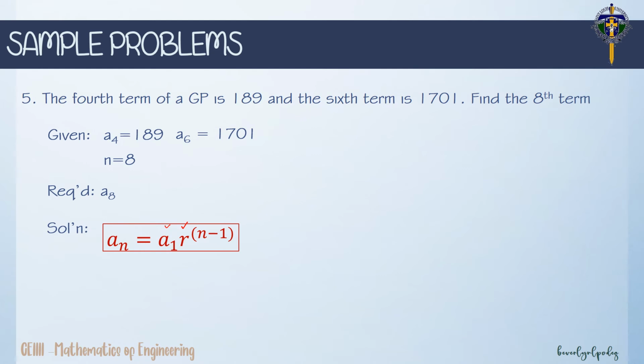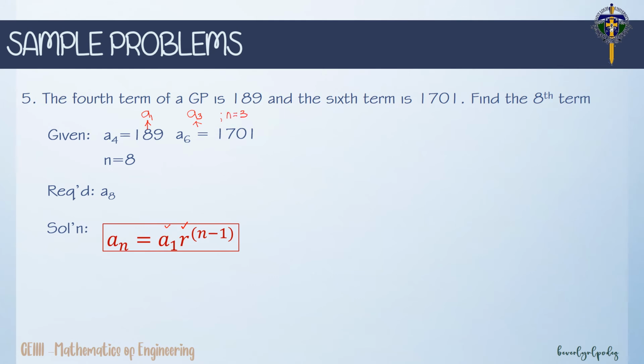So since the value of the first term is not available, we can use the available given, that is the a4 and the a6. If we temporarily treat a4 as our a1, and the sixth term we temporarily treat as our third term, making our n equal to 3.